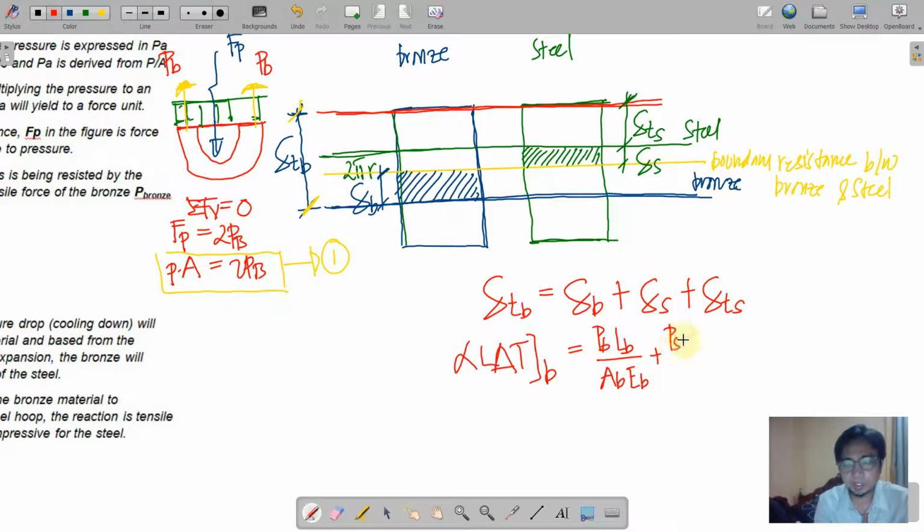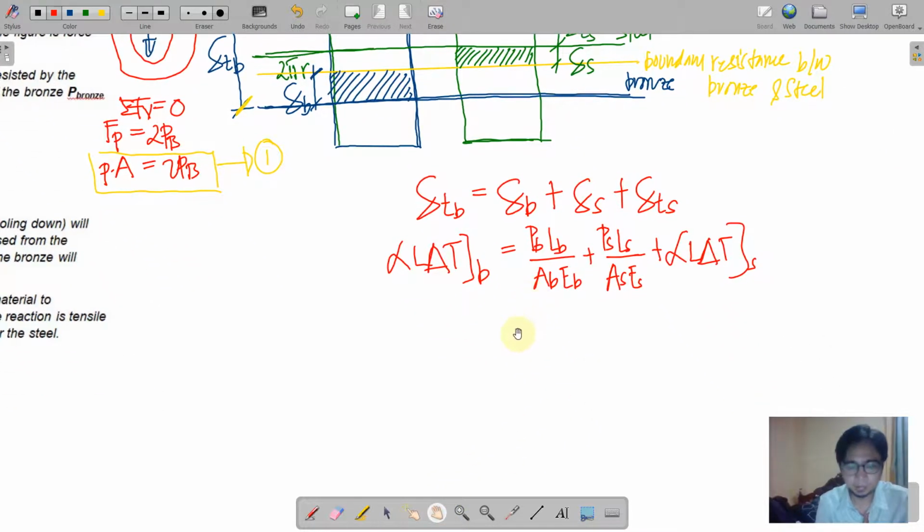This is P of steel, length of steel, the area of steel, and then of course the elasticity for steel, and then this is plus alpha L delta T of the steel.